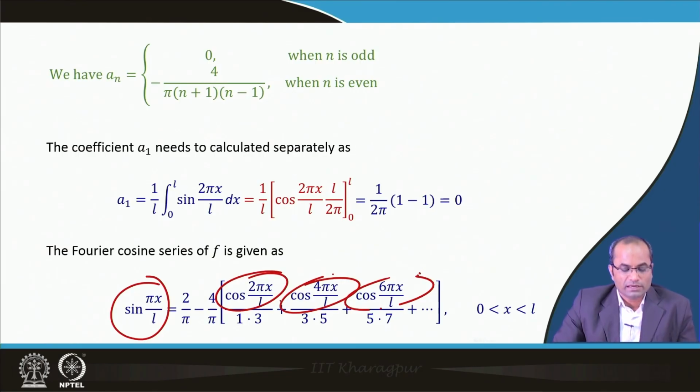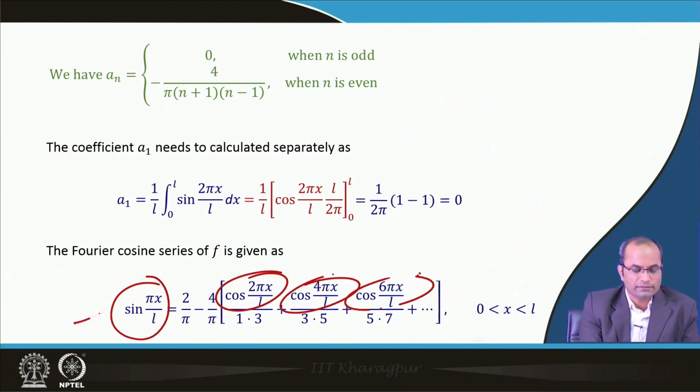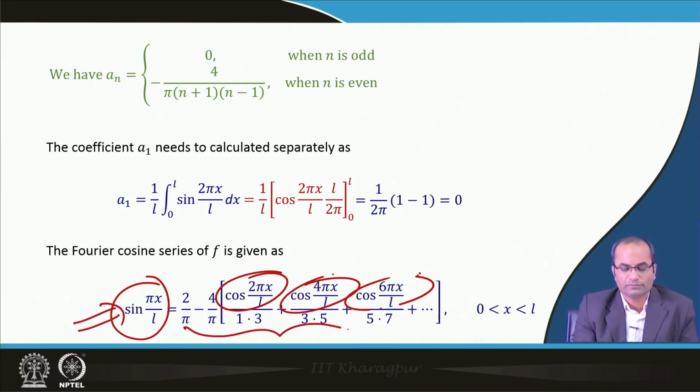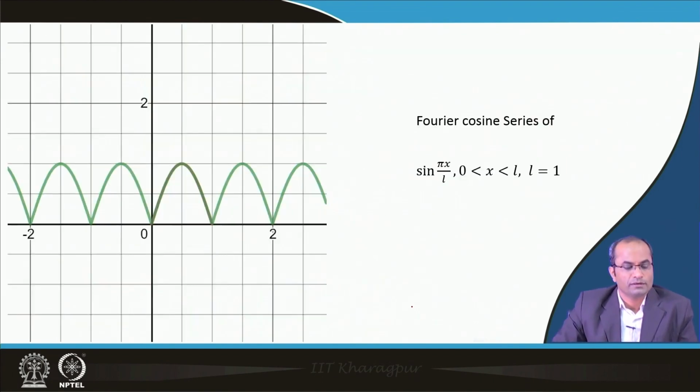So, that is how we treat a function given in a range. Now, if we want to compute the Fourier sine series, we just extend this function as an odd extension, or if you want purely cosine terms, we extend this as an even extension. So, here the sine function is written in terms of cosine functions.